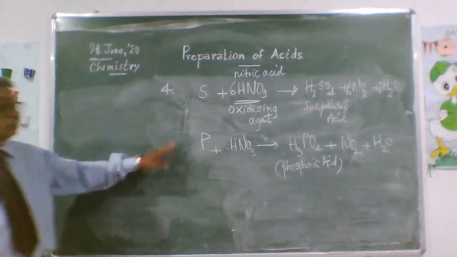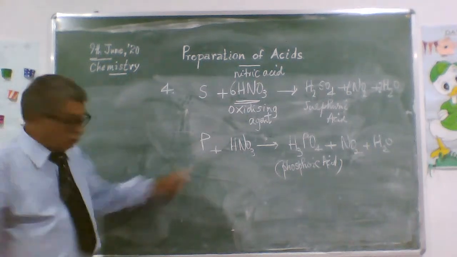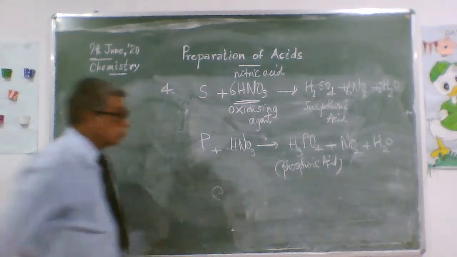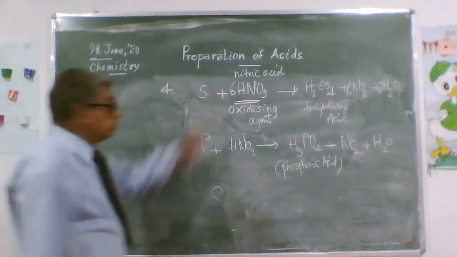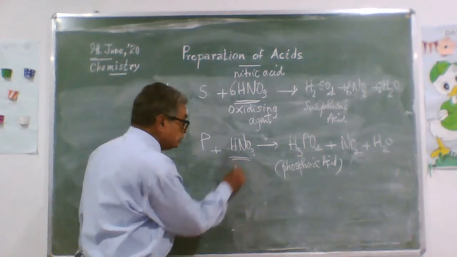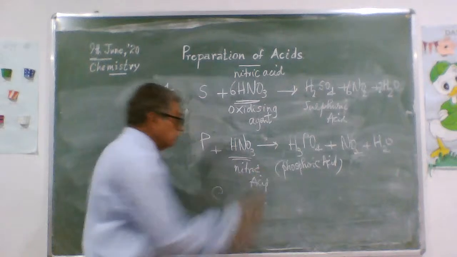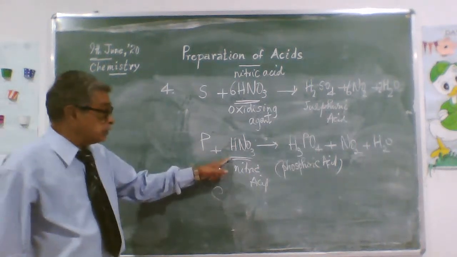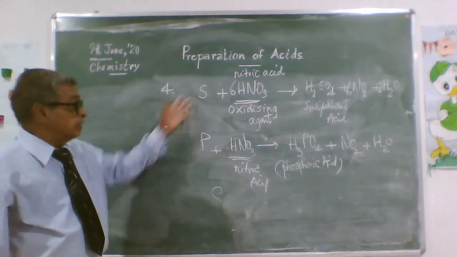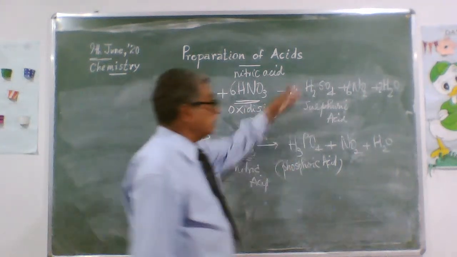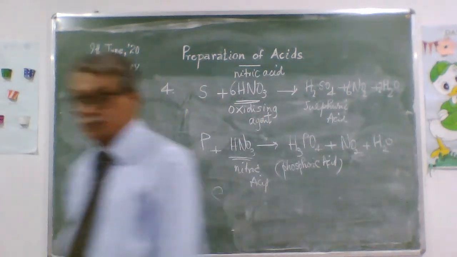And the fourth method: elements like sulfur and phosphorus, even carbon, can be oxidized. Elements like sulfur and phosphorus are oxidized by nitric acid, HNO3. We treat phosphorus with concentrated nitric acid, sulfur with concentrated nitric acid, and the element gets oxidized to the acid directly and releases the oxides of those elements.